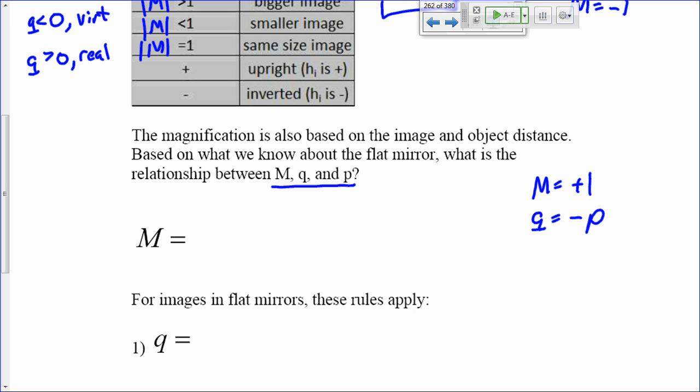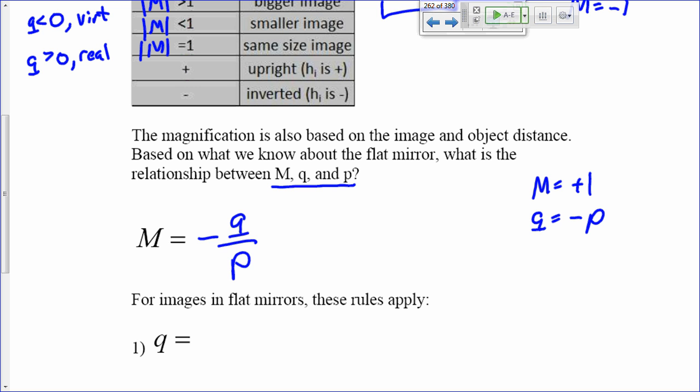Well, you've seen it in lab, right? The magnification is not just Q over P, but what? Because if it was just Q over P, that would say that the magnification of a flat mirror is -1. It's -Q over P.